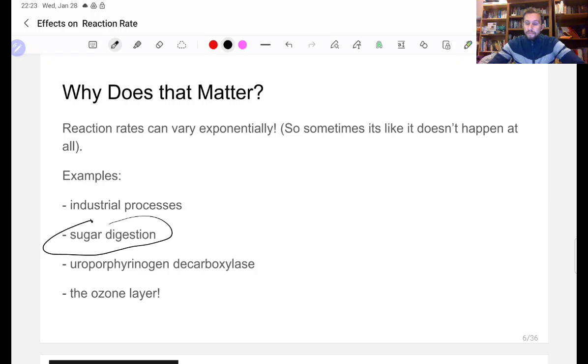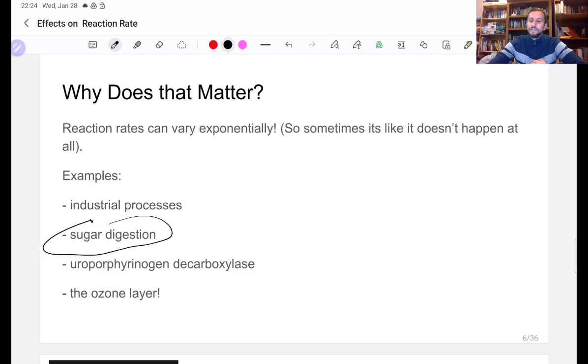spontaneous. But if you put a piece of sugar on the table, it's technically a spontaneous process for the piece of sugar to react with oxygen and release carbon dioxide and water just on the table there, to combust.